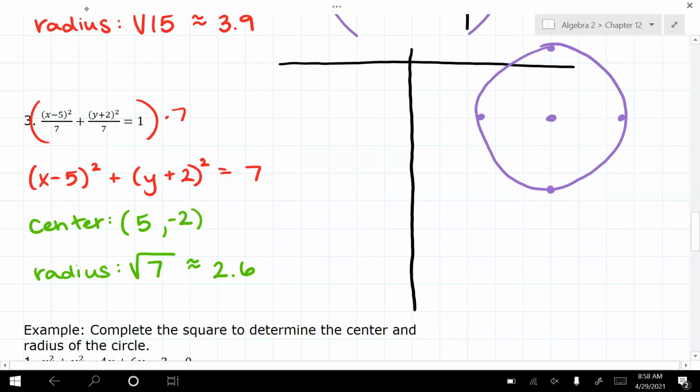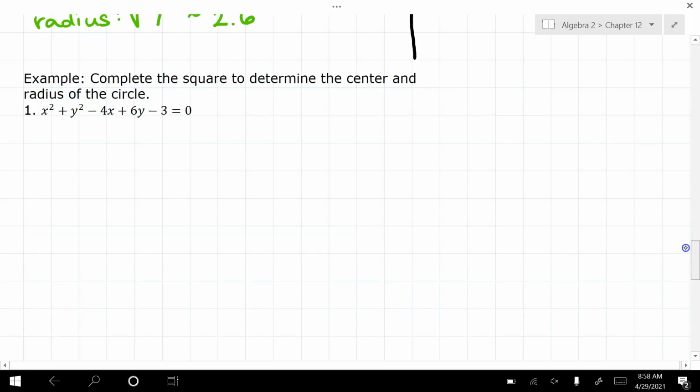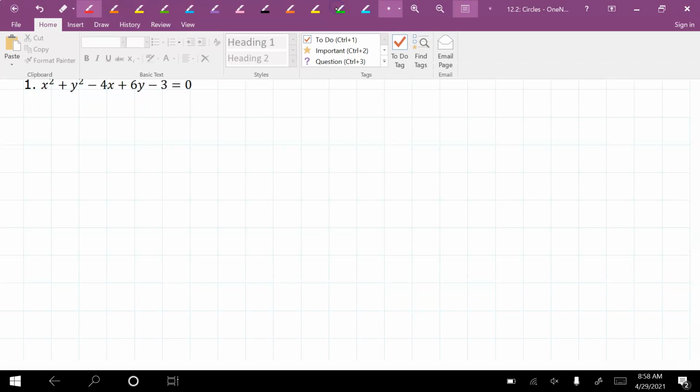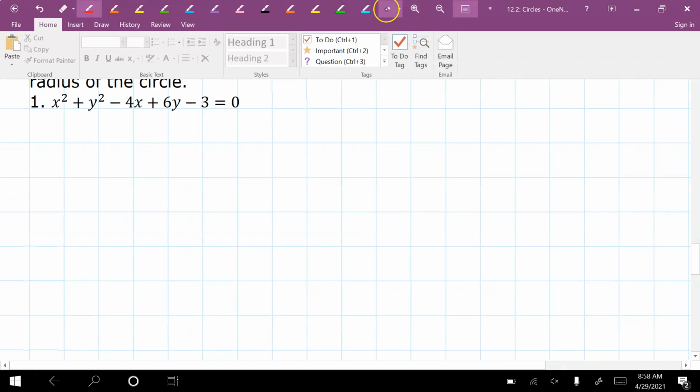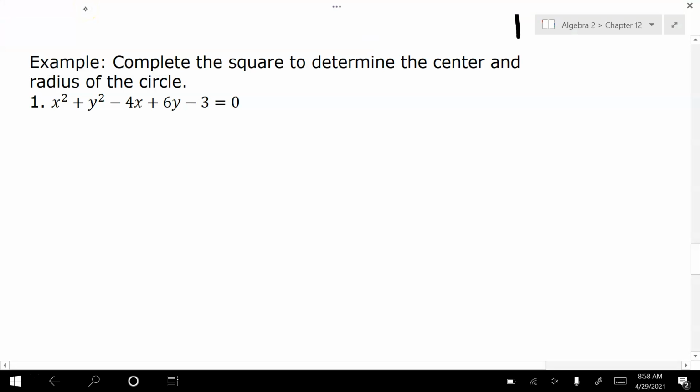All right, the last thing that I want to talk to you guys about on the last page, we're kind of going back to writing out equations, so that we can say what the center and the radius is, but these are not written in what we saw earlier.